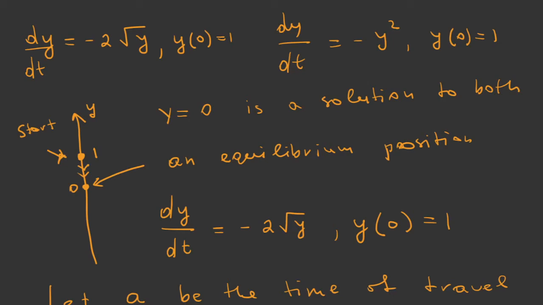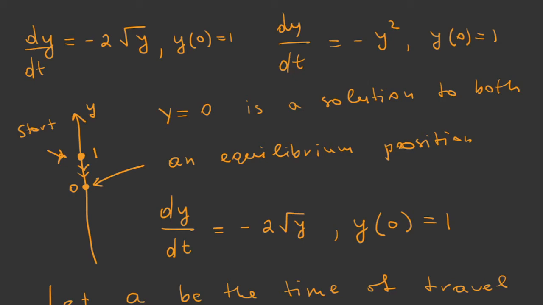So if we start with the initial condition y at t equals 0 equals 1, we're thinking of our point as having the starting position at y equals 1. And note that the solution y equals 0, the constant solution, is a solution of both of these equations, and therefore if our point at a certain moment of time finds itself at y equals 0, then it will remain there indefinitely, forever.